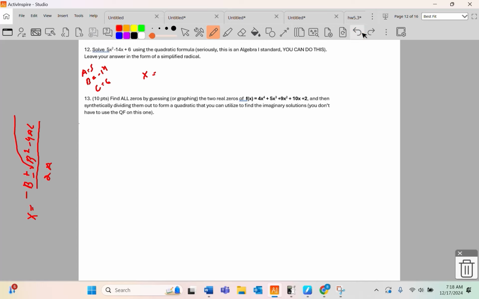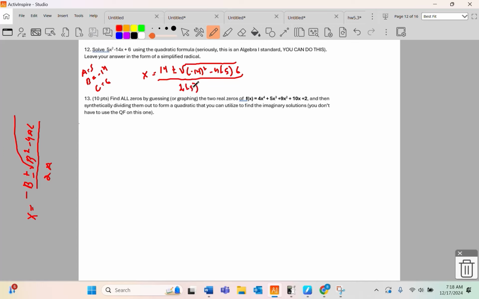All right. The opposite of negative 14 is 14, plus or minus the square root of negative 14 that is squared. Notice the use of parentheses. Minus 4 times a, which is 5, times c, which is 6. All sitting pretty over twice 5.